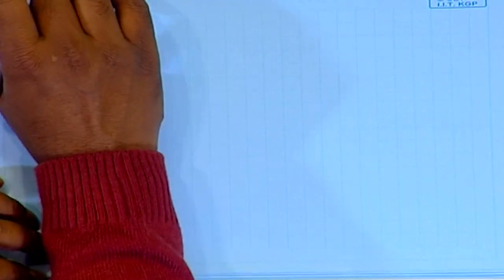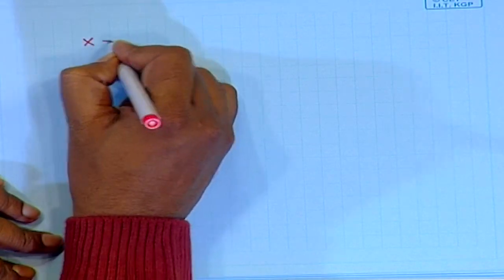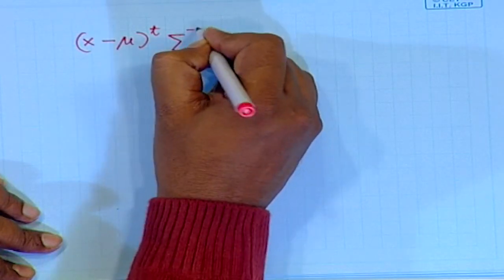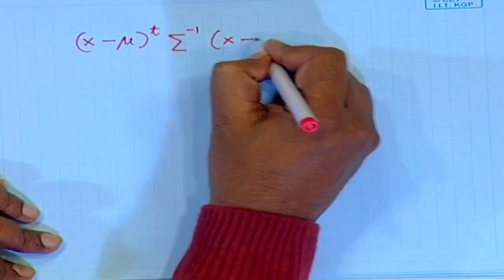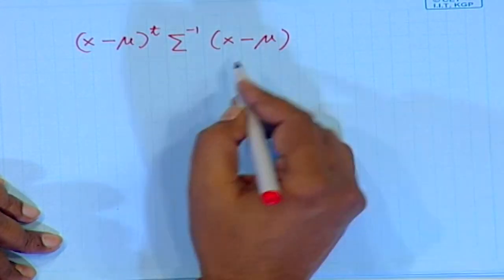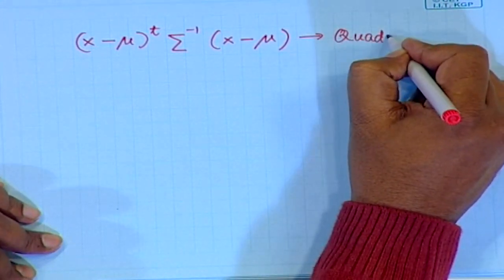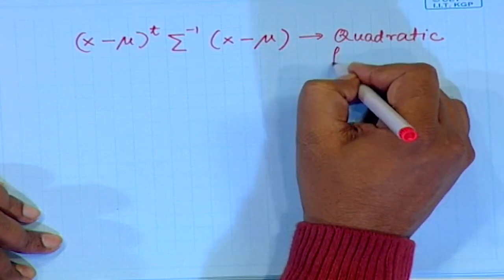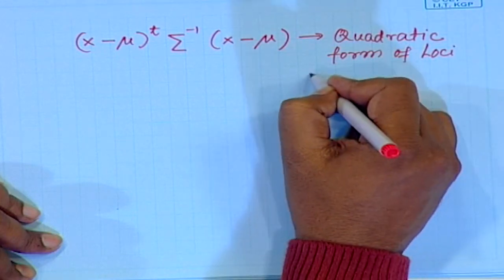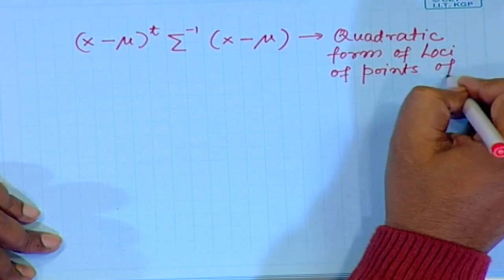And this ellipsoid will have a quadratic form which is given by (x minus mu) transpose sigma inverse (x minus mu). So this is the quadratic form of loci of points of constant density.